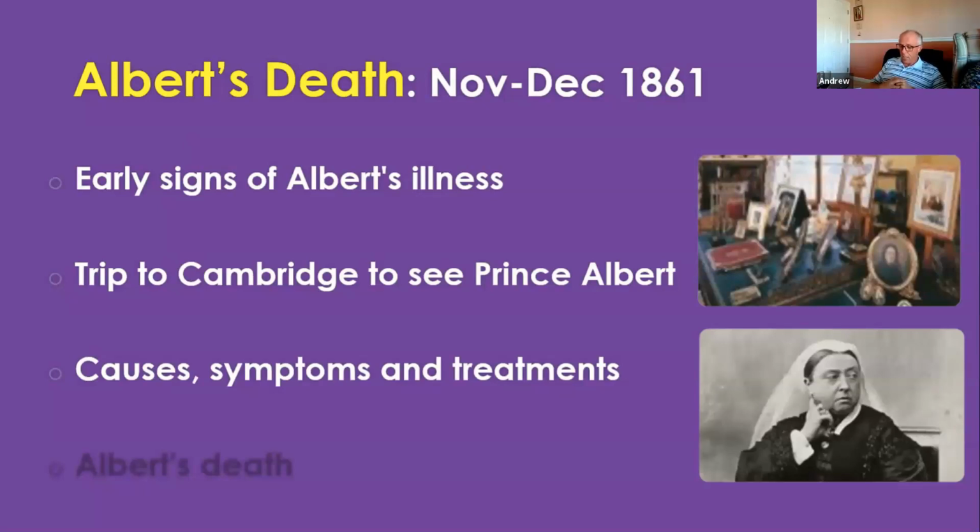So at this point, it's November 1861. Albert's not feeling great, and Bertie, that son we've talked about, unfortunately gets himself into some trouble. He's been having a relationship with a young actress, whom Albert feels is probably a prostitute.